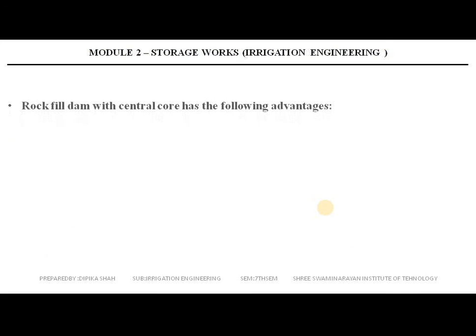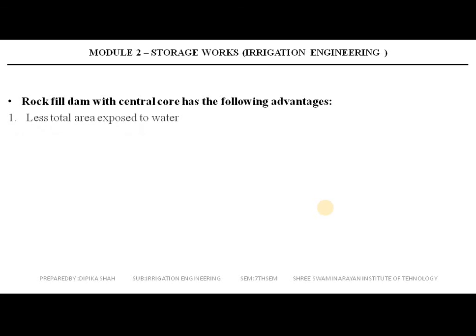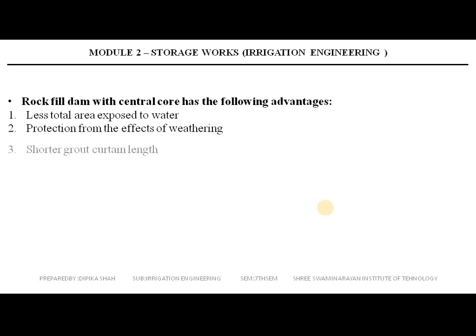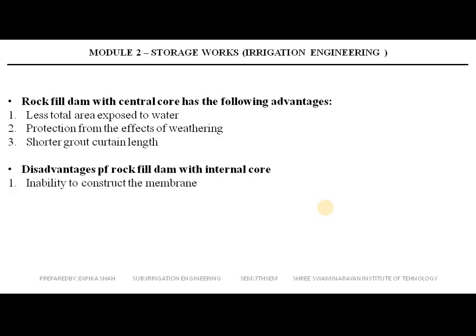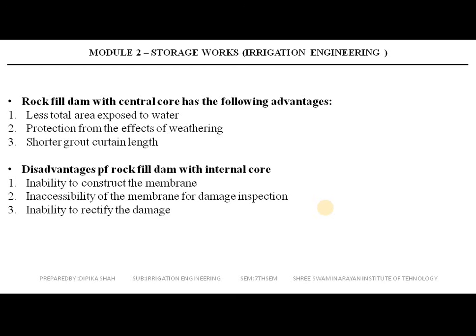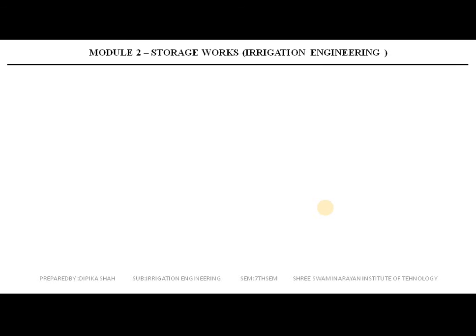And the disadvantages of a rock fill dam are the inability to construct the membrane or core after the construction of the rock fill section, second is the inaccessibility of the membrane for damage inspection, right? And third is the inability to rectify the damage. So these all are the advantages and disadvantages of a rock fill dam.